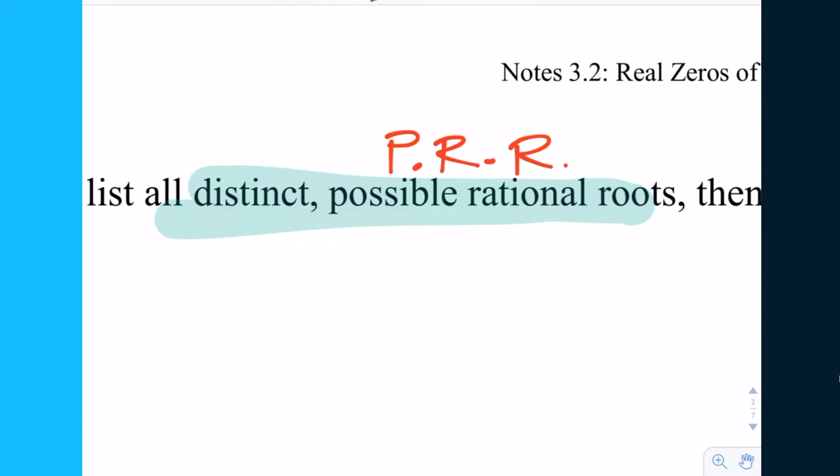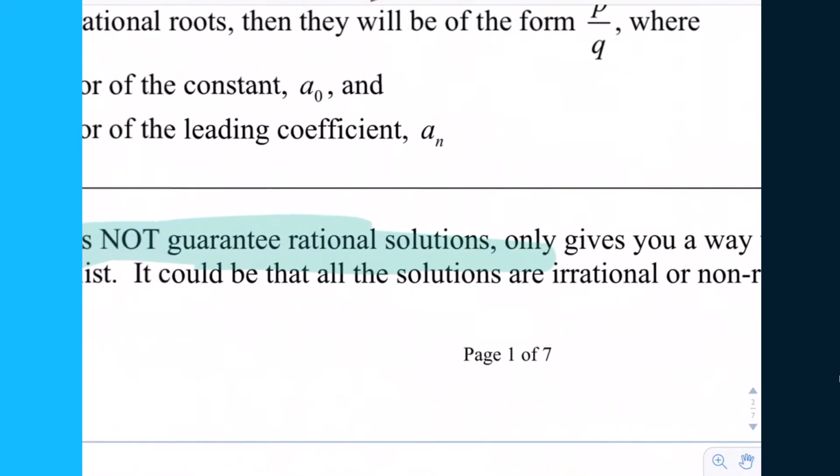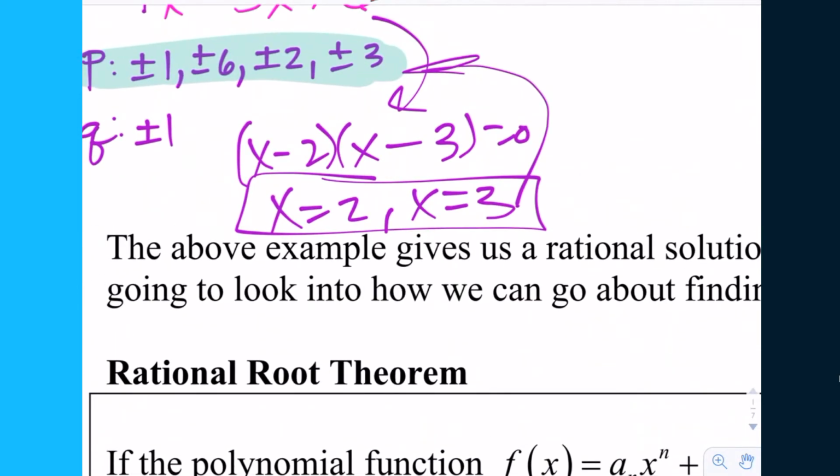How about different, individual? Like these up here, 2 and 3 are distinct because they are different, right? If you had a root of 2 and a root of 4 halves, would those be distinct roots? What is 4 halves? 2, right?